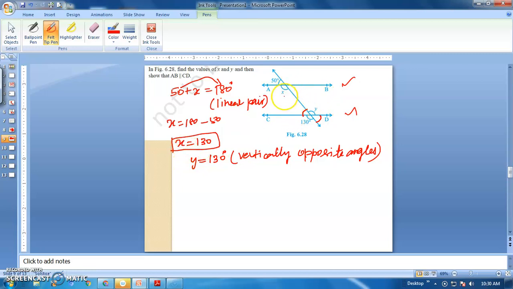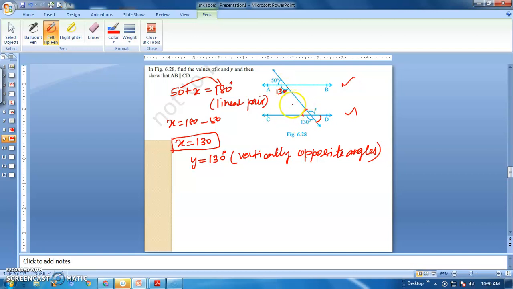So from the diagram, this one is 130 and similarly this one is 130. Therefore, are they corresponding angles or not? Because this 130 lies below the line, this 130 also lies below the line, and also this is the transversal.